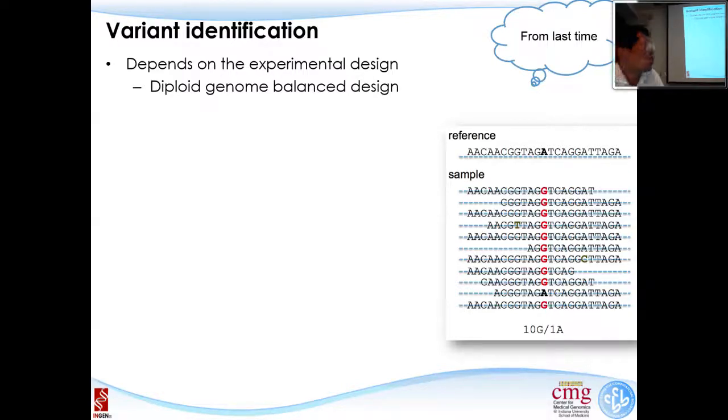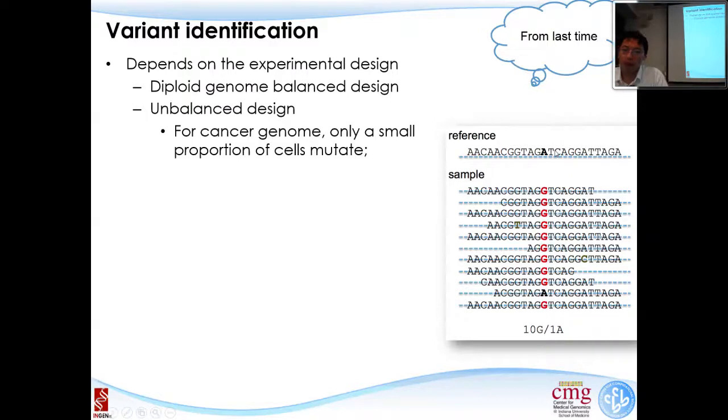If this is a diploid genome balanced design, which means someone's blood DNA or some germline sample, you can see the reference at this location is A, and every single read at this location from this particular sample is G. So you will probably conclude that this is a homozygous variant that is different from the reference allele.